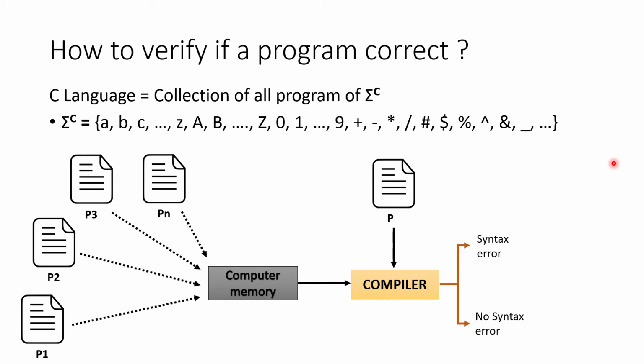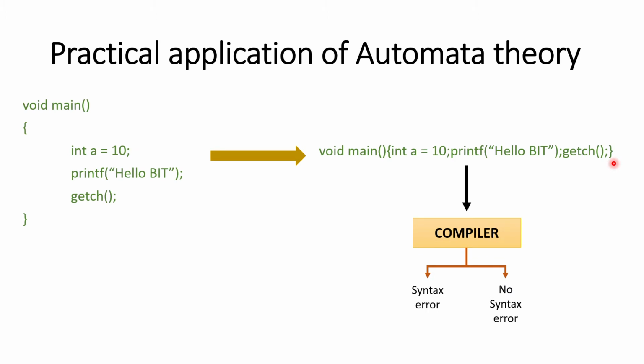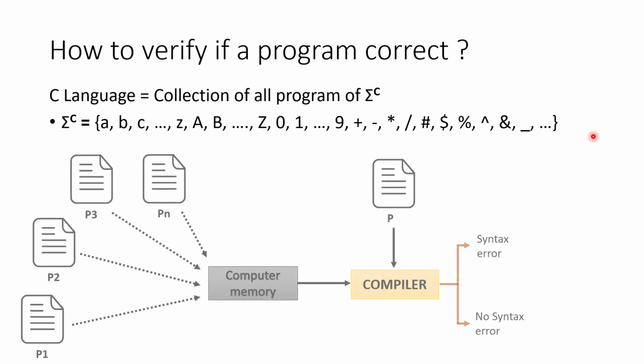So what can a compiler do? The compiler can accept this set of programs from the computer memory. At the same time, the compiler also accepts an input program, something like what we have seen in the previous one, this one. So this is the input program the compiler has to realize, and that is represented over here, this one.